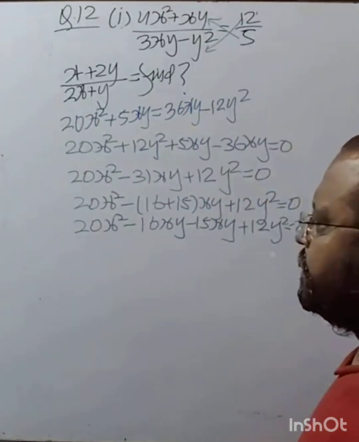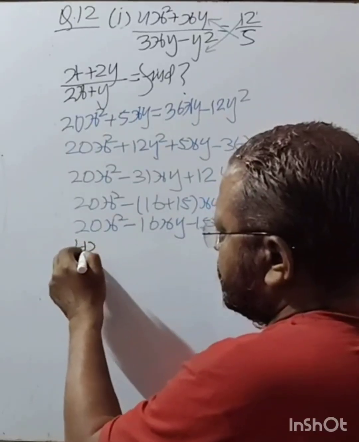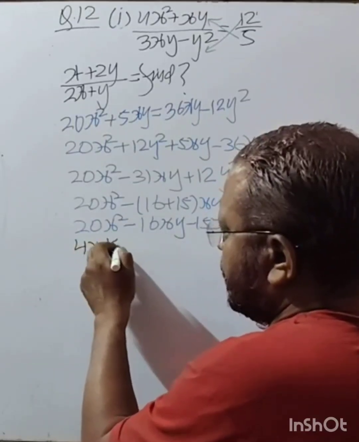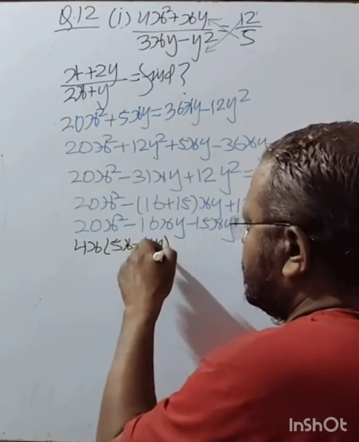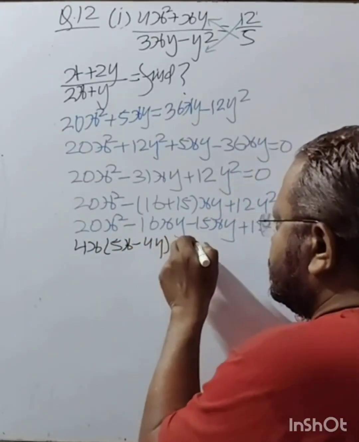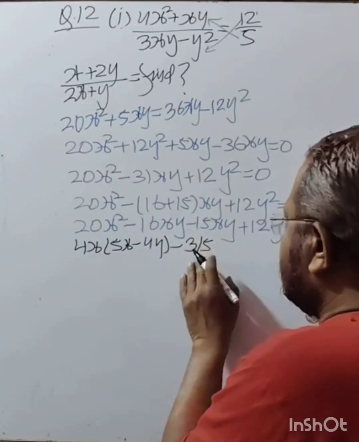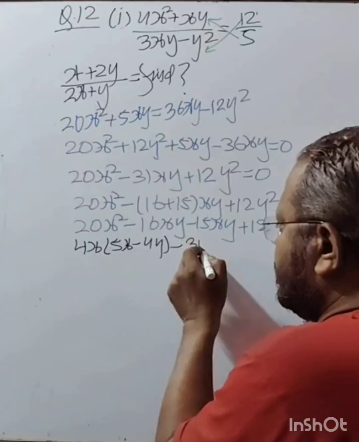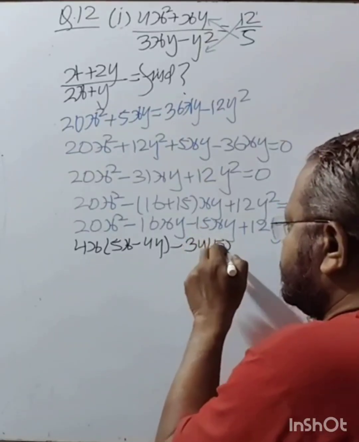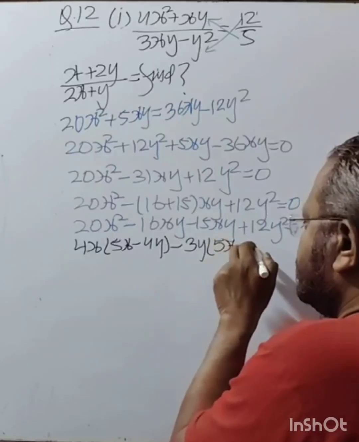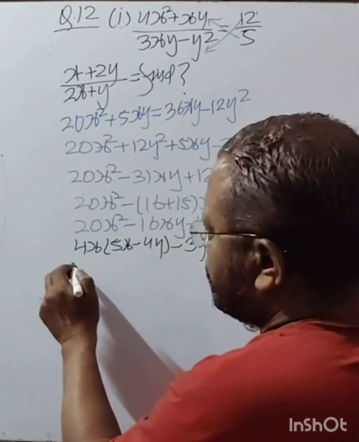So you take 4x as common, you get 5x minus 4y, minus 3y bracket 5x minus 4y is equal to 0.